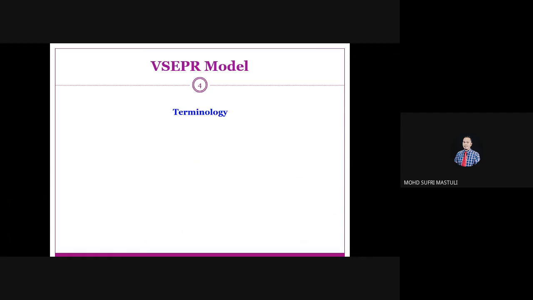Before we move forward in details discussing about the molecular geometry, here are a few terminology you should understand. First is the electron domain. Electron domain is the region around the central atom in which the electrons are likely to be found.